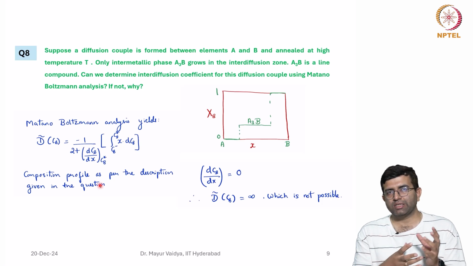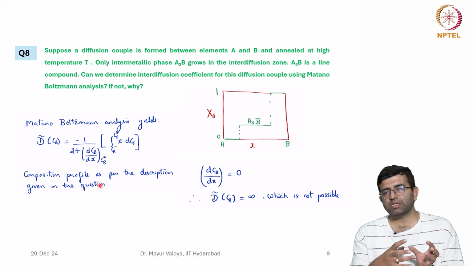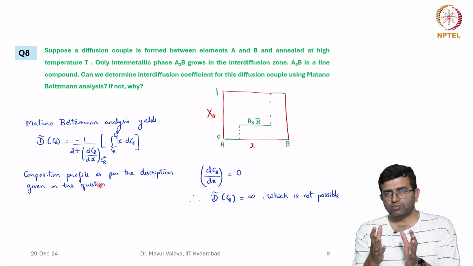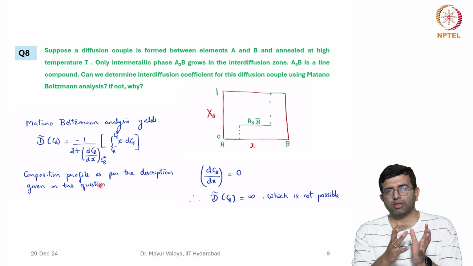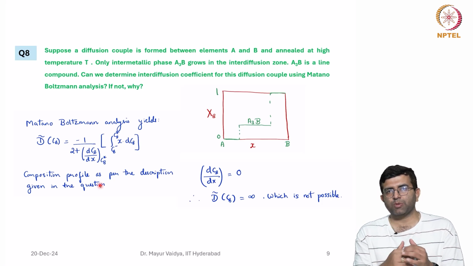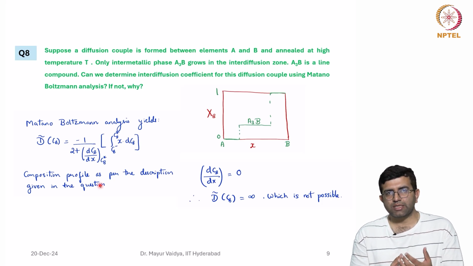So what you define is something called integrated diffusivities, or in some cases average diffusivities, but the discussion of them is beyond the scope of this particular course, but you can refer to the book that is mentioned as the reference there.